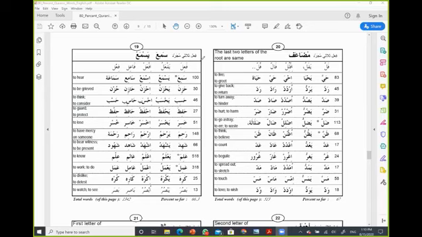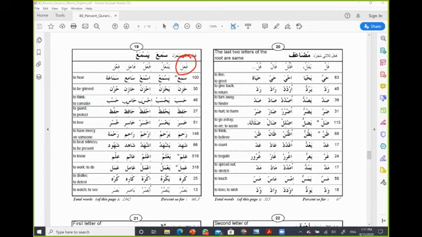So fa'ila, another form of a past tense, in where the first letter has a fatha, the second letter has a kasra, and the third letter has a fatha again. Fa'ila.